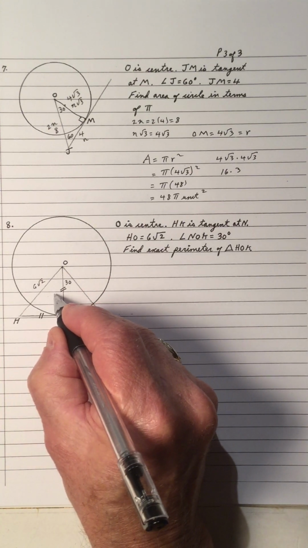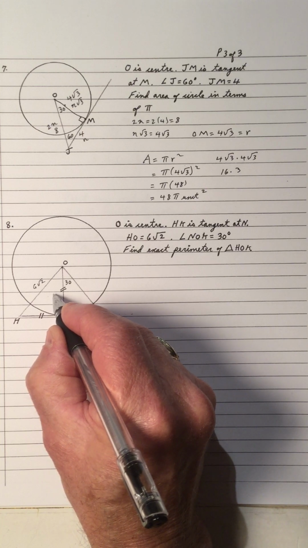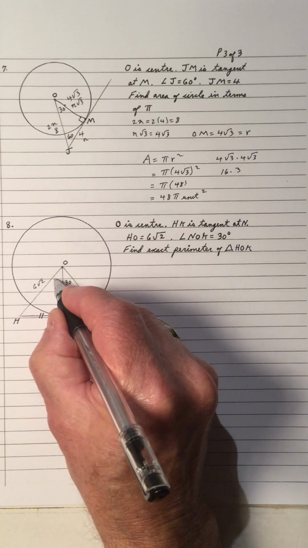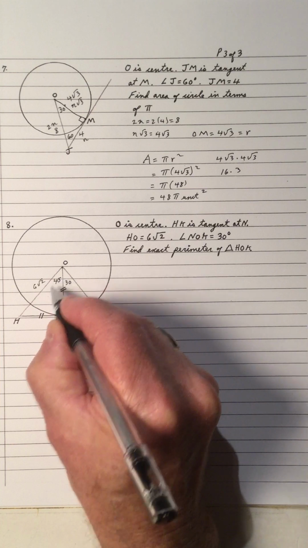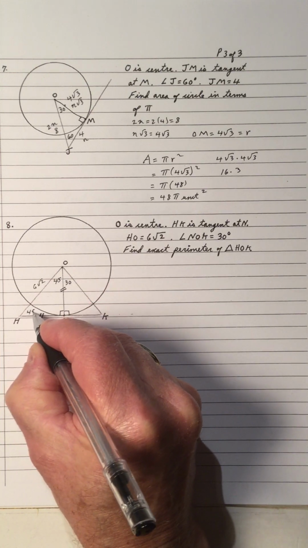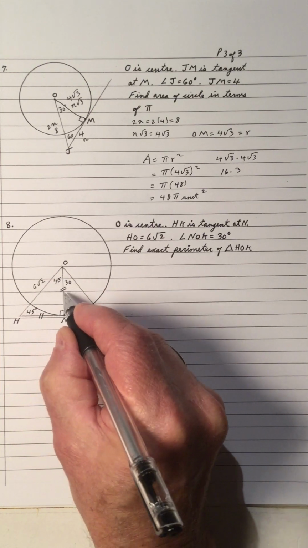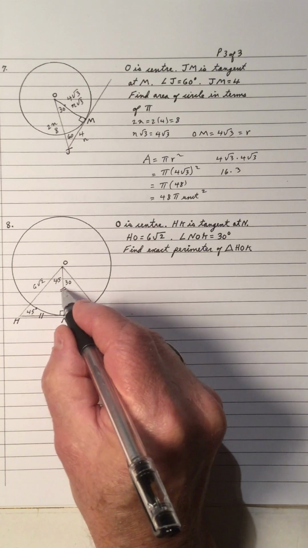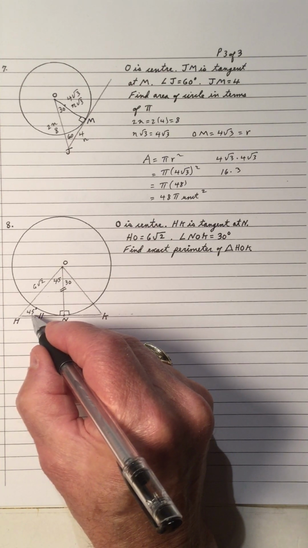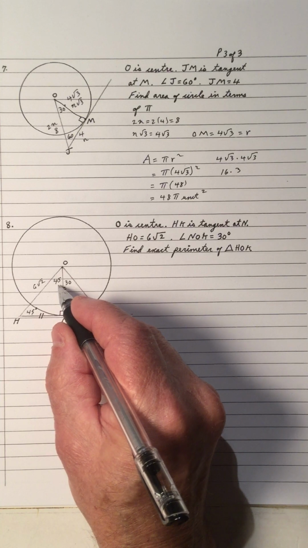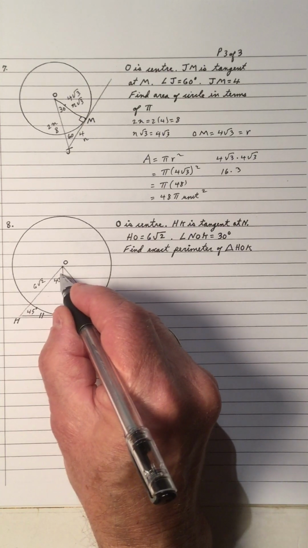If this is 90, and if two sides are equal, two angles are equal by the isosceles triangle theorem. So these two angles are both 45s.